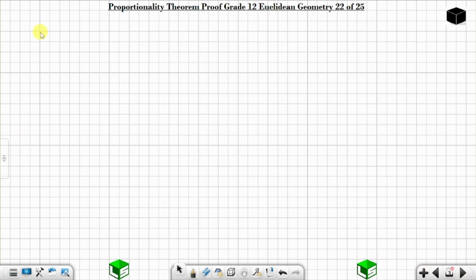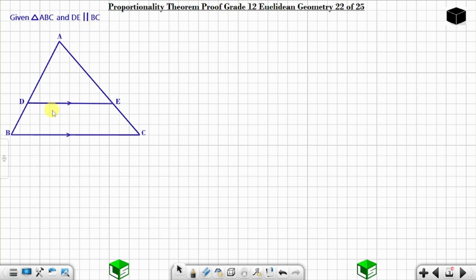Now you know how to get the height of a triangle. So we are going to prove the proportionality theorem. So you are given triangle ABC and the line DE parallel to the line BC.